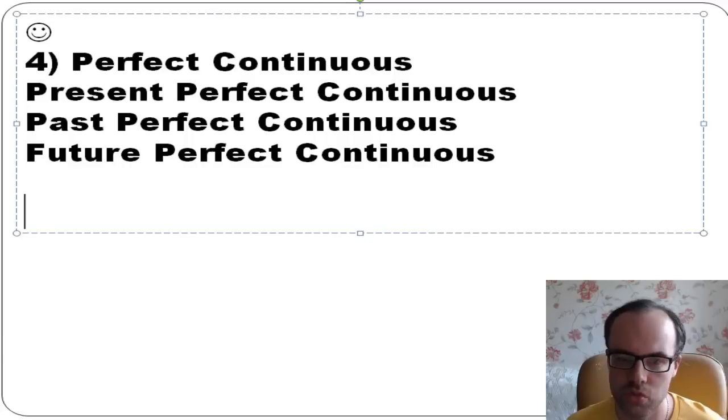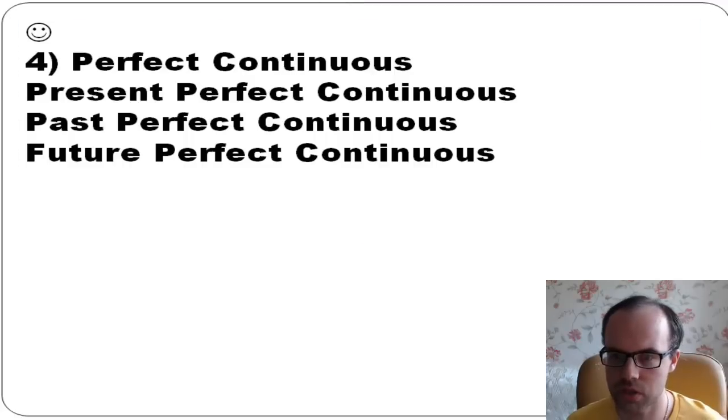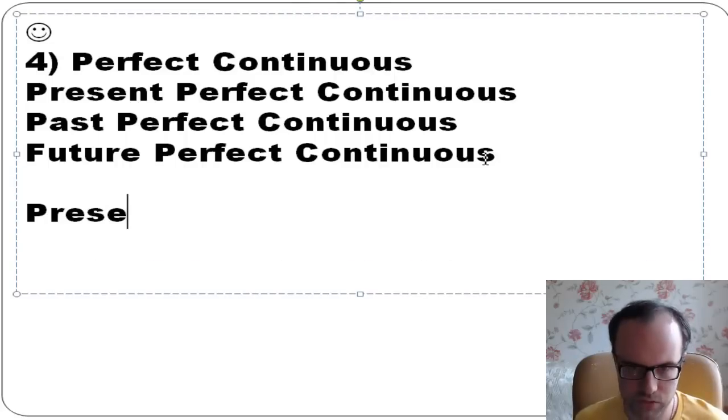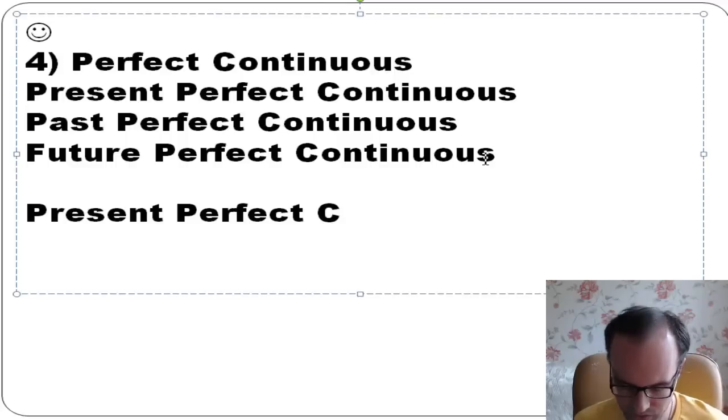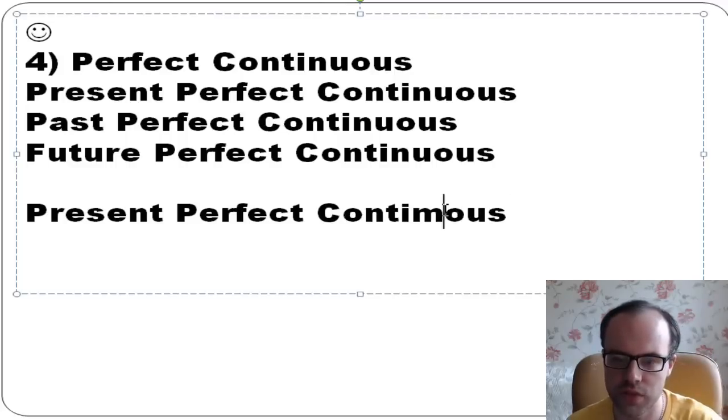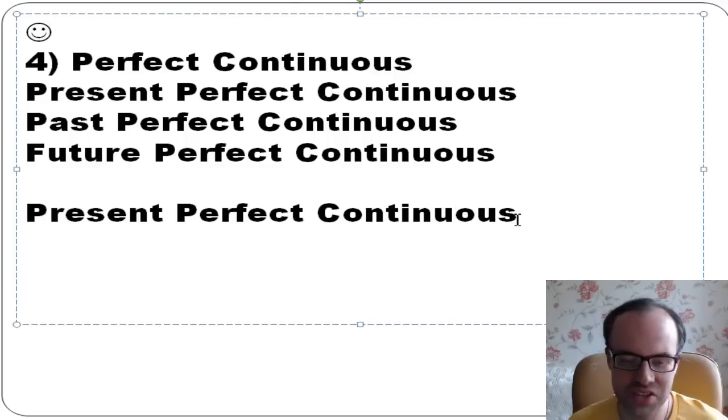We often use present perfect continuous in speaking. Well, let's talk about the first tense in this group. So it's present perfect continuous. Students make this mistake again and again.